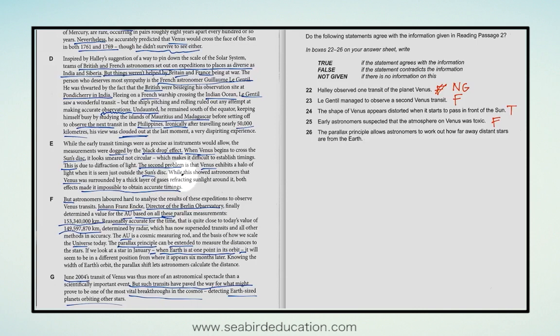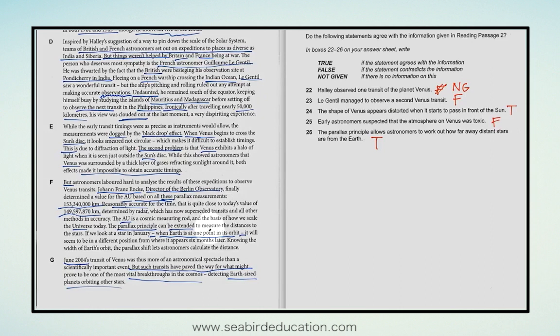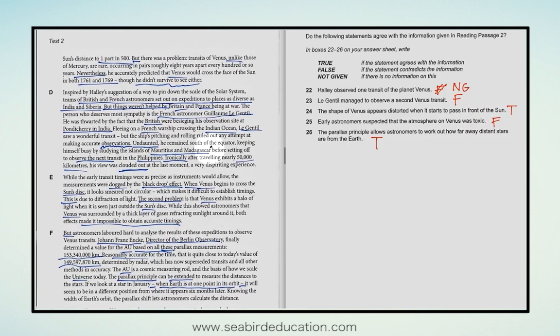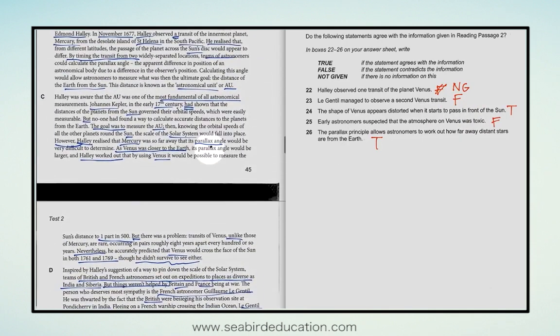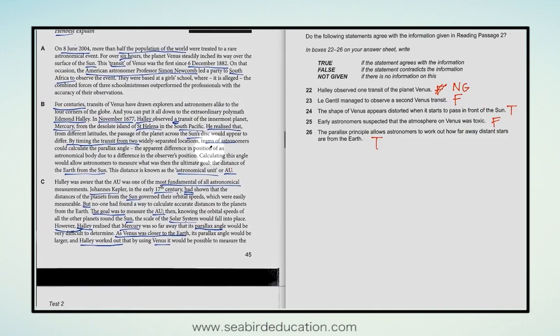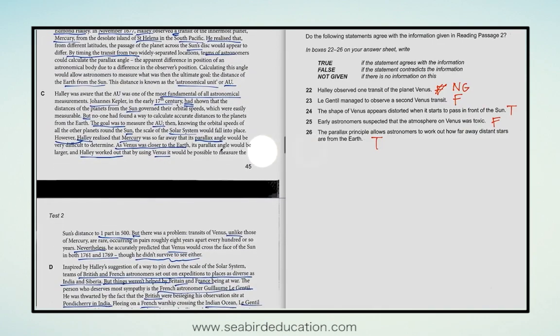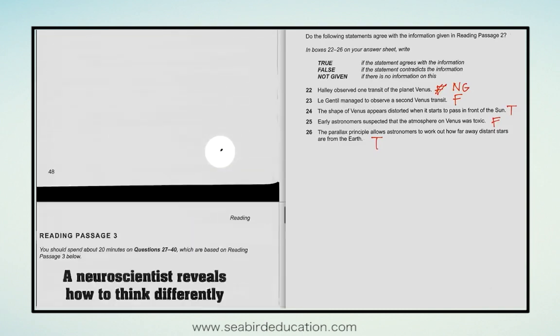We're focusing on Venus. Parallax principle allows us to work out how far away distant stars are from the Earth. Well, we said that's true because it was extended to measure the distances to the stars. So that's true. So Venus was toxic? I don't think so.